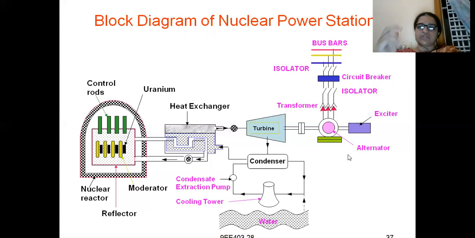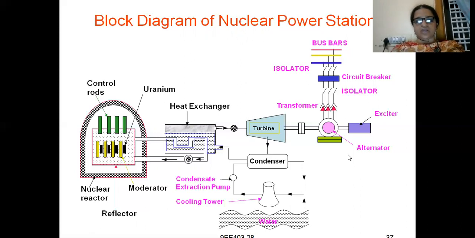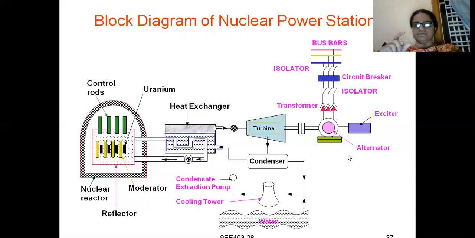Why do they line with reflector material? Suppose one neutron is bombarding the uranium atom and 3 neutrons are coming out.